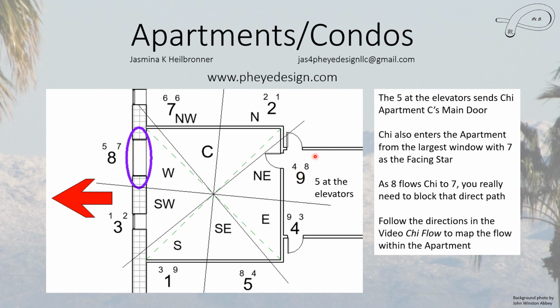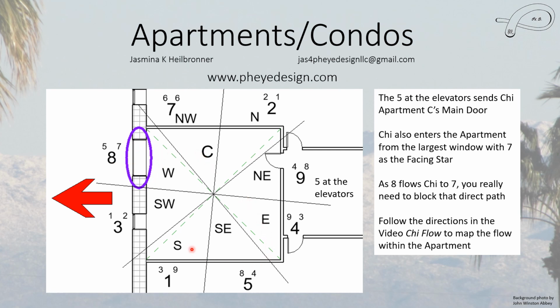Actually, here we have the 8. This energy will want to flow out to this 7 because this is earth. It creates metal. So you really need to place something here, because otherwise it just wants to fly right on out. It supercharges that direct line across. Now, if we look from here, we could get energy in here too.